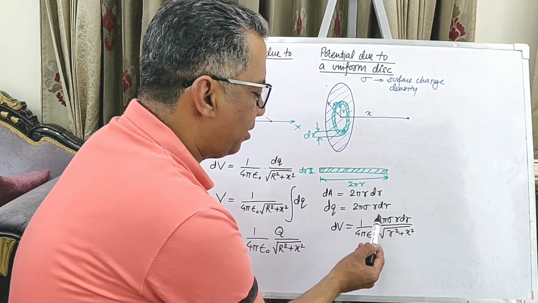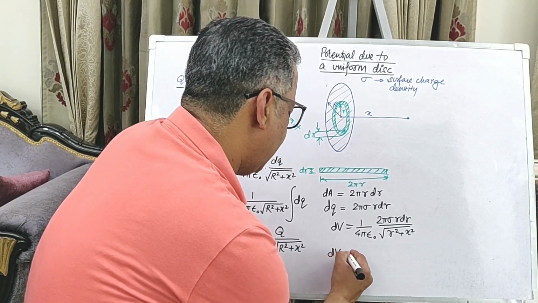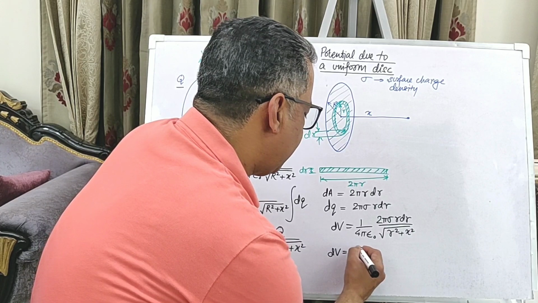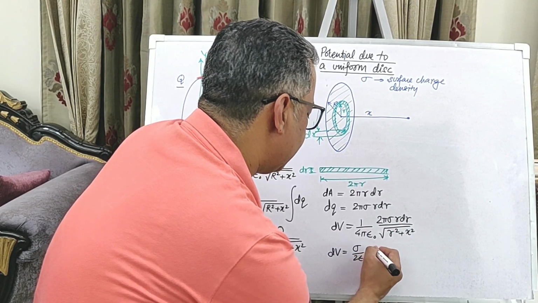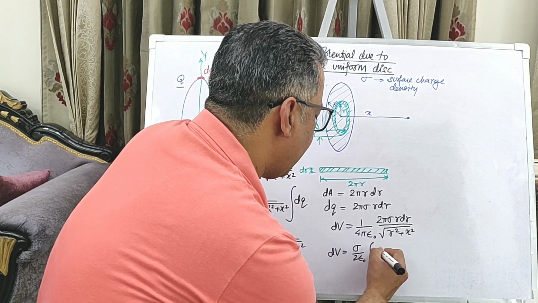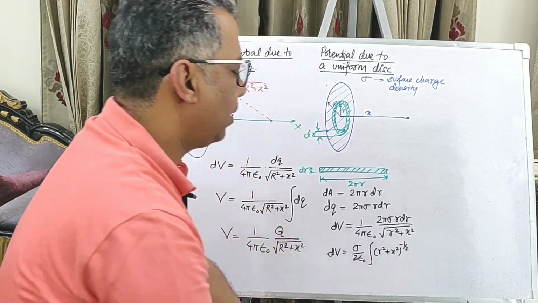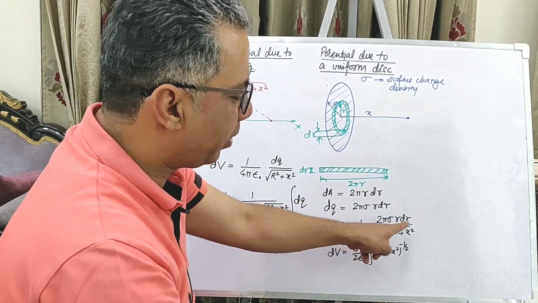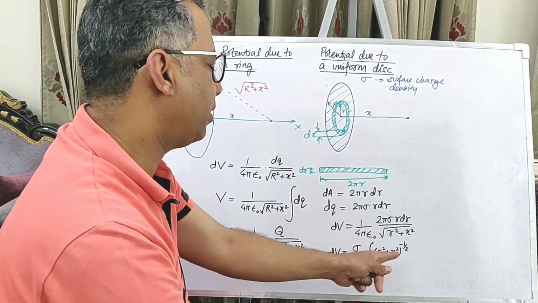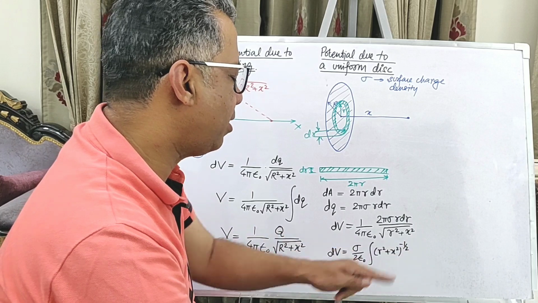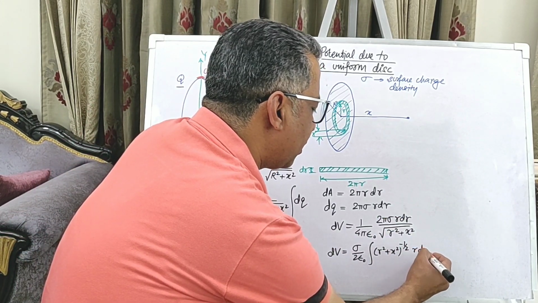So we have some cancellations, 2 pi cancels out, and so dV now equals sigma by 2 epsilon naught times r square plus x square to the power minus half times r dr. See, this was 1 upon root r square plus x square. So what I've done is I've taken it in the numerator, the power becomes negative.